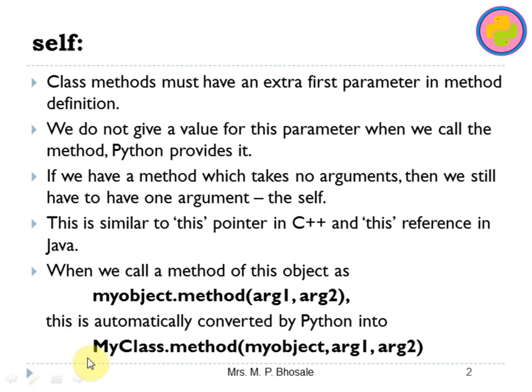Like on this slide it is given. So if I have the method named method and this is my class object, so my object dot method, I will pass the parameters.